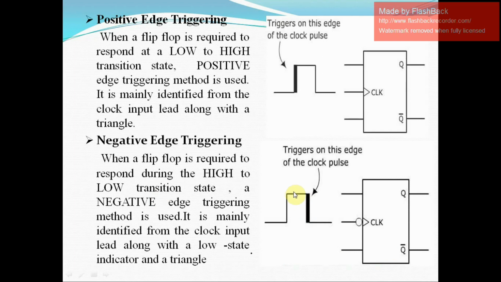This is the high to low level indication of the negative edge triggered clock, and when it is connected to the clock pin of the flip-flop, it is connected with a bubble. This is the major difference between the positive edge triggered clock and negative edge triggered clock.